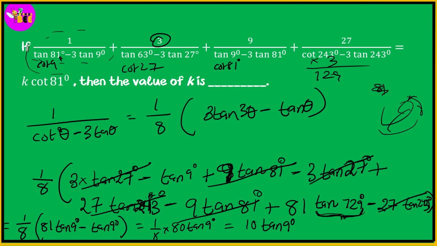However, the question is given this whole thing is equal to k cot 81 degrees. Well, no problem. Tan 9 degrees is basically cot 81 degrees. Both of them are equal. So we can rewrite this as 10 cot 81 degrees. Therefore, the value of k would be 10 as we have solved out.